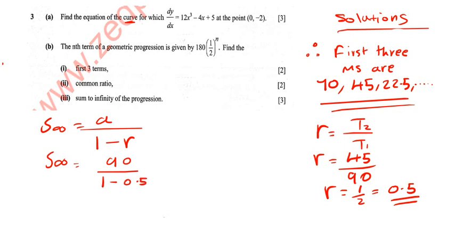So it is 90 over 1 minus 0.5. When you use your calculator, you get 0.5, and then you divide 90 by it. So sum to infinity is equals to 90 divided by 0.5 is equals to 180. So this is your answer.